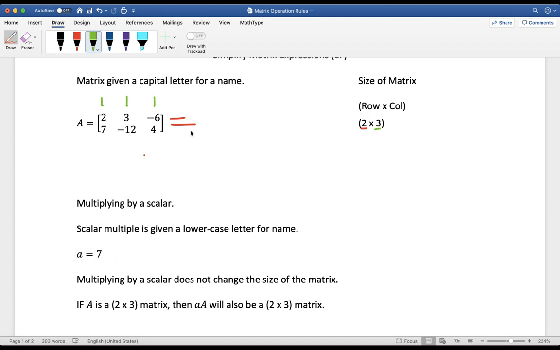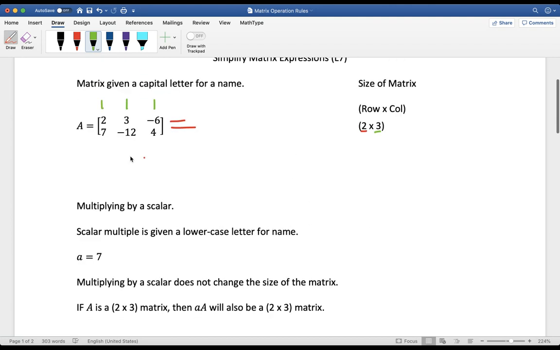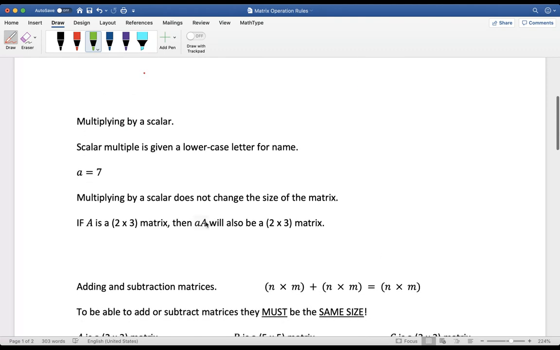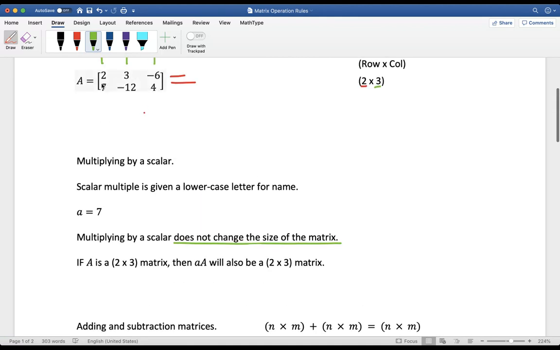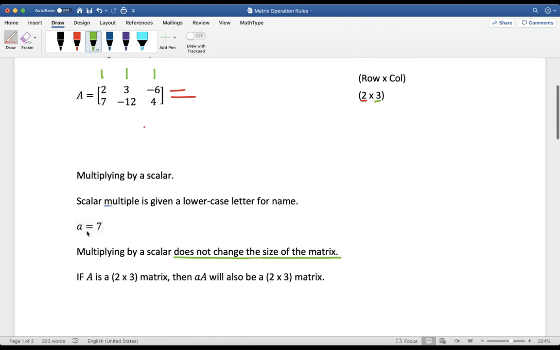Okay. Now, the next thing I want to emphasize is that when you multiply by a scalar, because we're going to be talking about operations, it does not change the size of the matrix. So in other words, if matrix A up here was a 2 by 3 matrix, and we multiplied it by a, or 7, lowercase a, 7, the outcome will still be a 2 by 3 matrix.